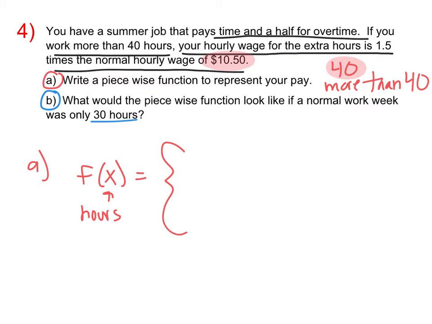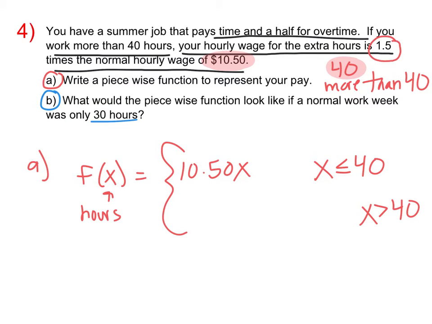So that would be if we work less than or equal to 40 hours, we'll get $10.50 for every hour that we work. So there's just our base pay, our regular. Now, if we work more than 40, so if x is greater than 40, then we get 1.5 times our normal pay of $10.50. So there's a couple things we need to keep in mind for this.